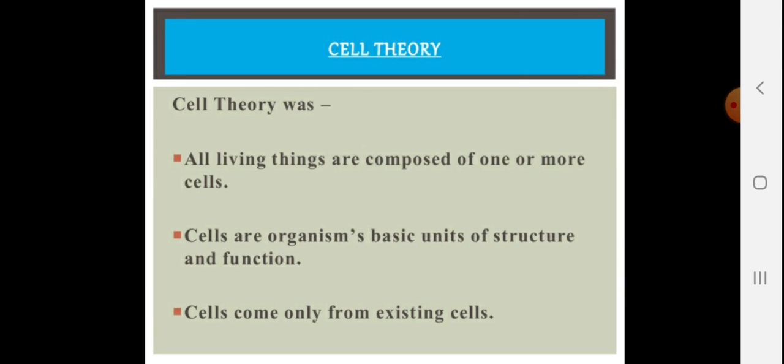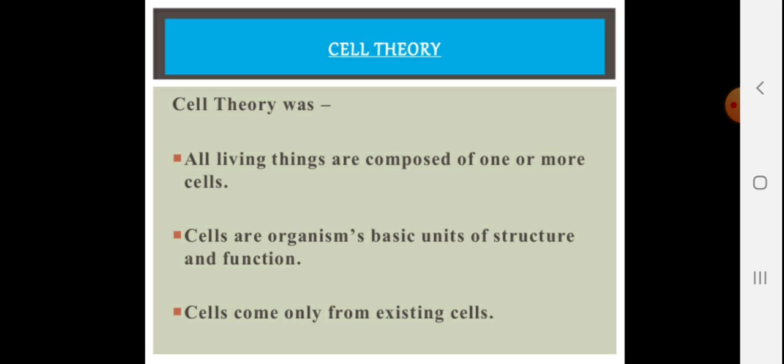Cell theory. The cell theory states that all living things are composed of one or more cells. Cells are organisms' basic unit of structure and function, just like in our house, the basic structural and functional unit is a brick. Our house is made up of many bricks.